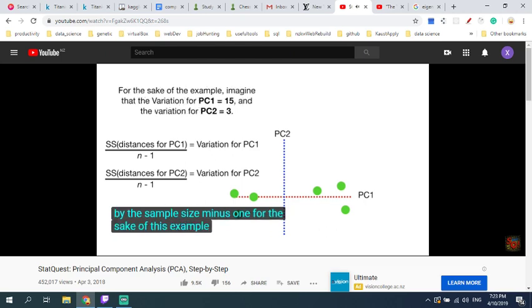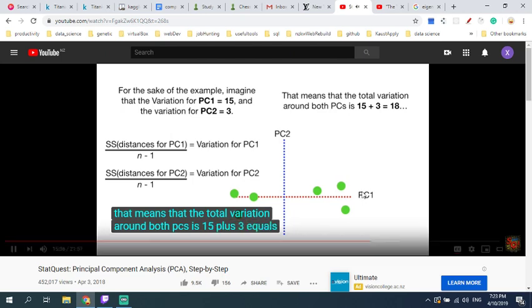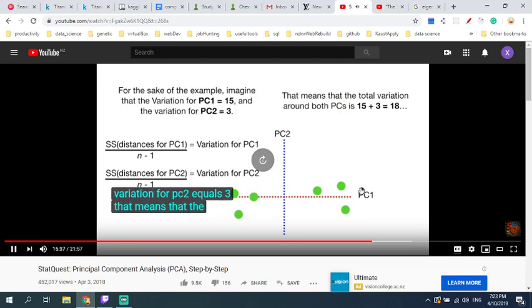For the sake of this example, imagine that the variation for PC1 equals 15 and the variation for PC2 equals 3. That means that the total variation around both PCs is 15 plus 3, which equals 18.